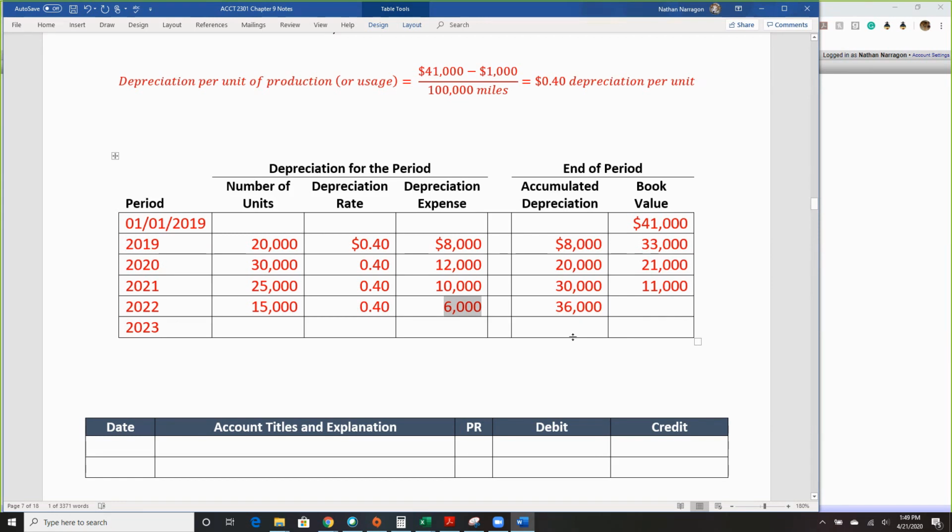How about book value? So again, the subtraction does happen. And then we'll finish out the last year, which again should end up to salvage value. Don't worry, we'll try this some more. Okay.